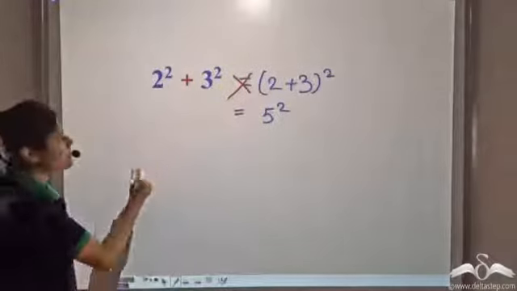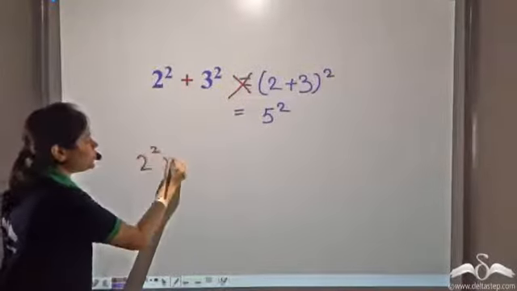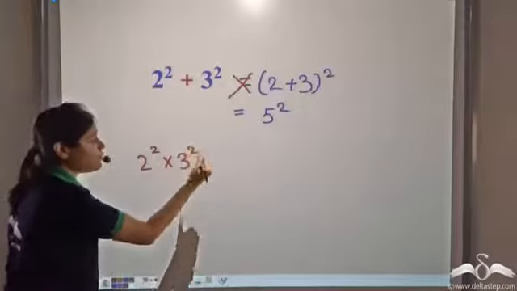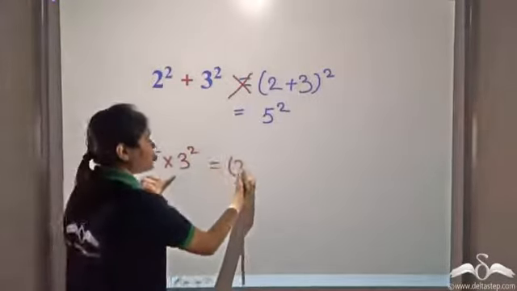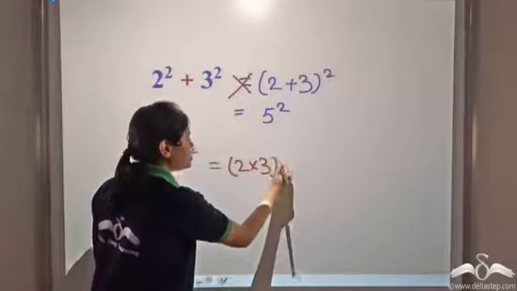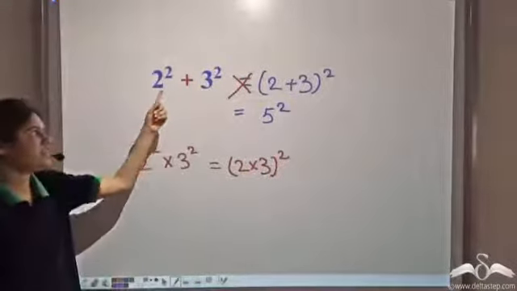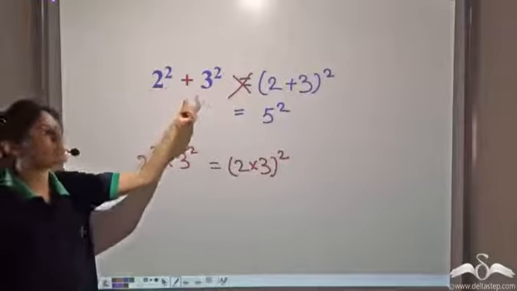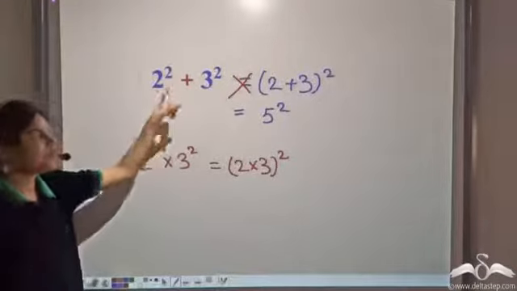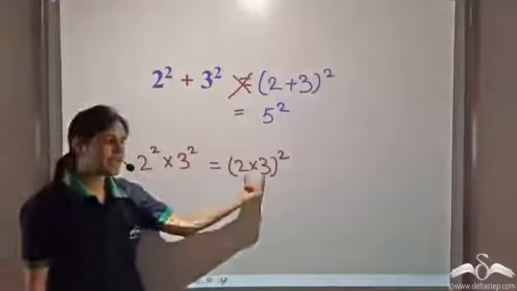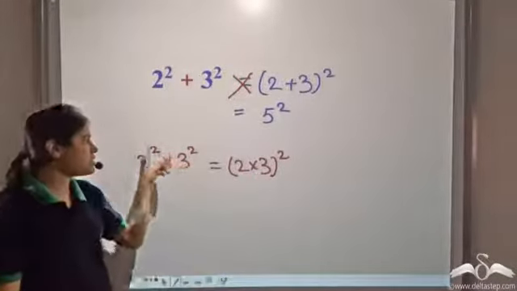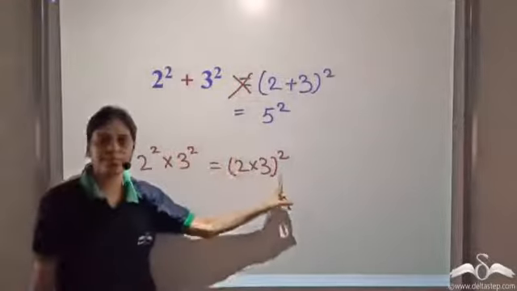We can do this only if two exponential numbers are multiplied, then we can make it 2 into 3 square, not when they are added. So if two exponential numbers are added, we cannot add their bases. If they are multiplied, then we can multiply the bases if the exponents are the same.